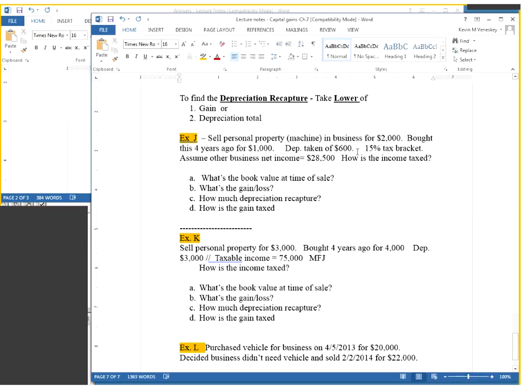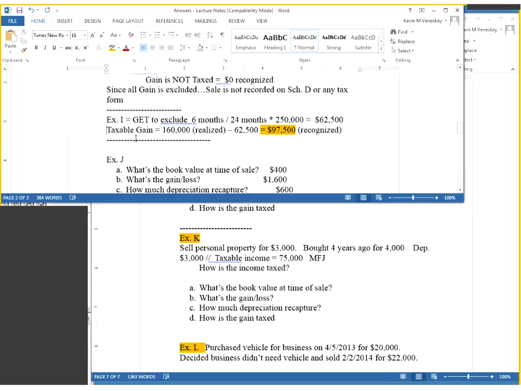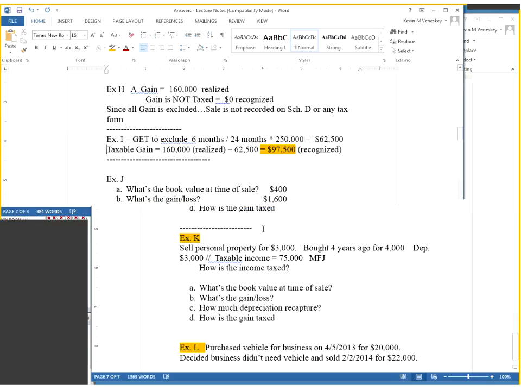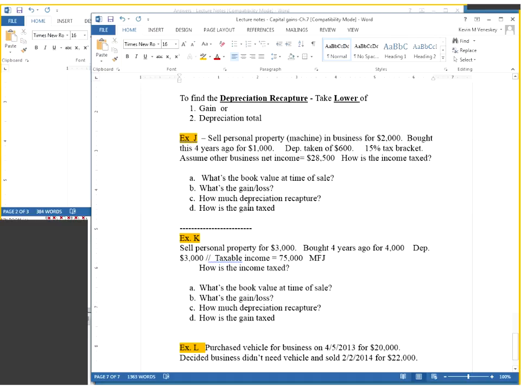Gain or loss? Well, if it's worth $400 on my books and I sold it for $2,000, I have $1,600 realized gain. Now, that's realized, so I don't know how I'm going to treat it yet, but I know that I have $1,600 in actual gain. Now how much of the $1,600 will be taxed at my normal rate of 15%? We go up here to depreciation recapture. Take the lower of the gain, $1,600, or depreciation total, $600.